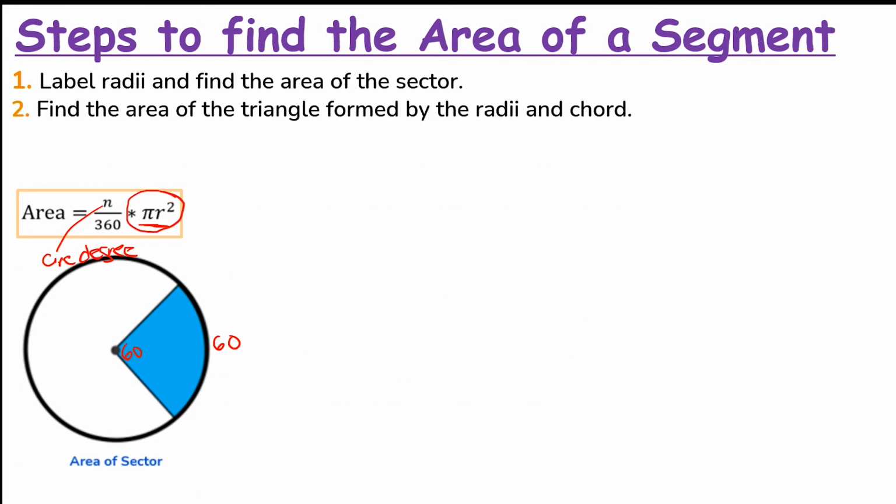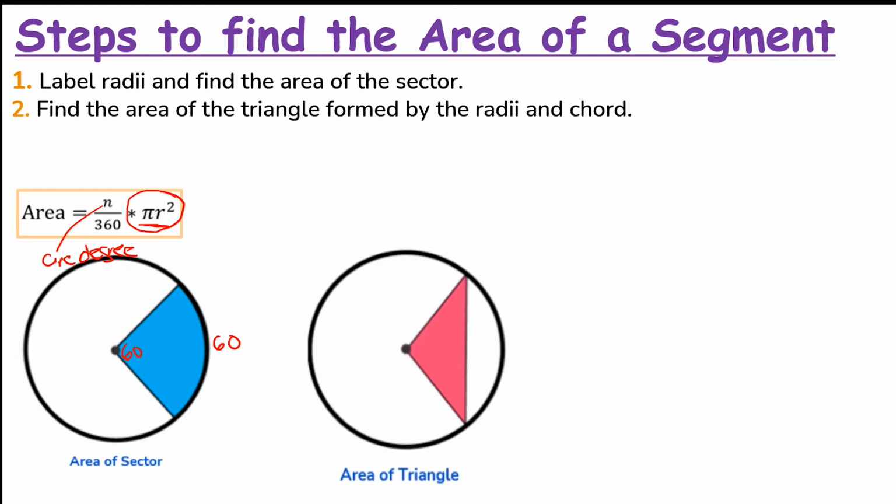Next, you want to find the area of the triangle formed by the radii and the chord. So remember the chord, this is our chord right here, the line that goes from one edge of the circle to another edge. That is a chord. And our formula for area of a triangle is area equals 1/2 base times height. You may have to use some trig to find the base or height, but that is the basic formula for area of a triangle.